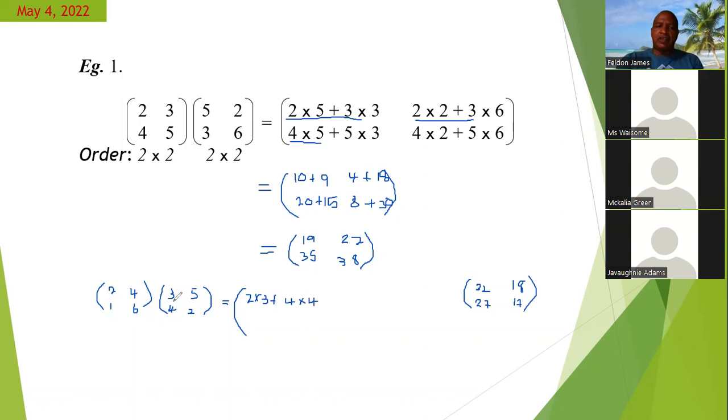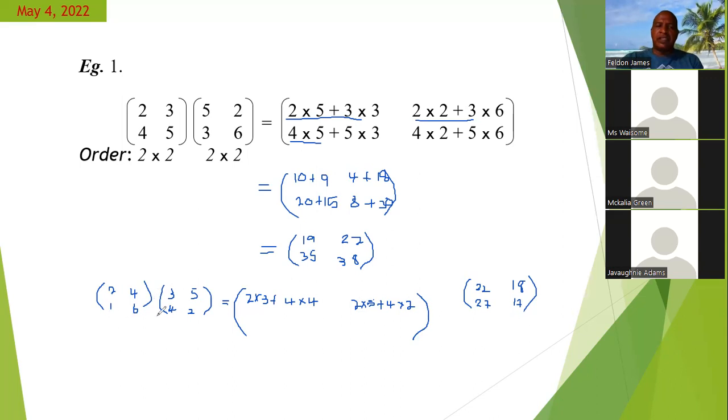So that's first row, first column. Now first row, second column, we're going to get 2 times 5 plus, then we're going to say 4 times 2. All right, so those are our top elements.